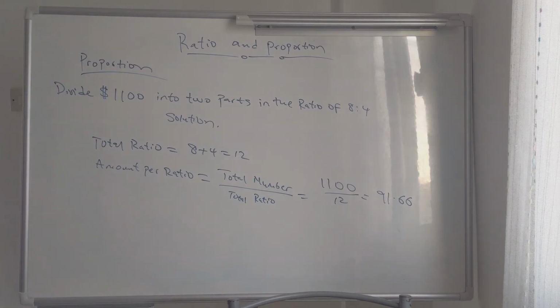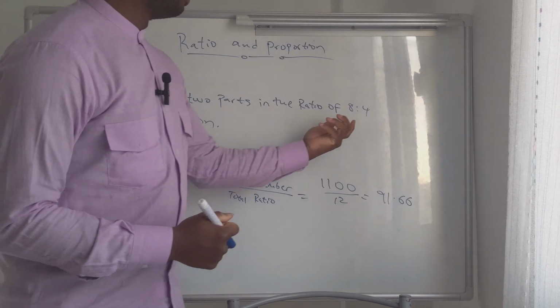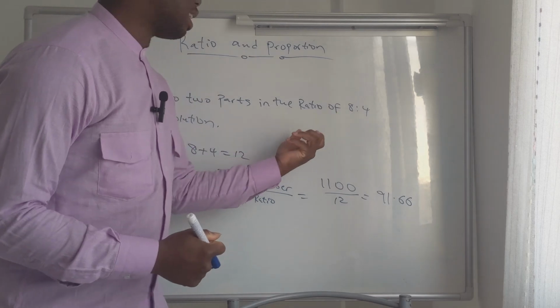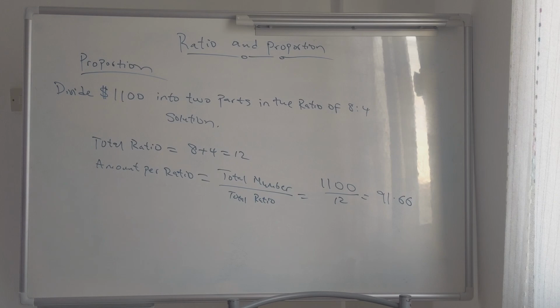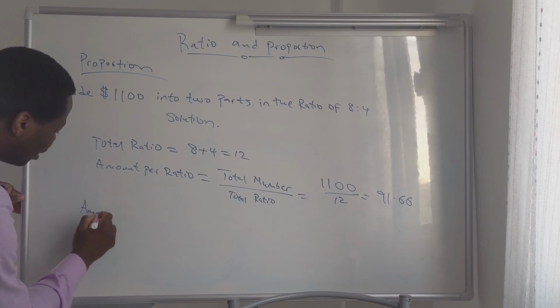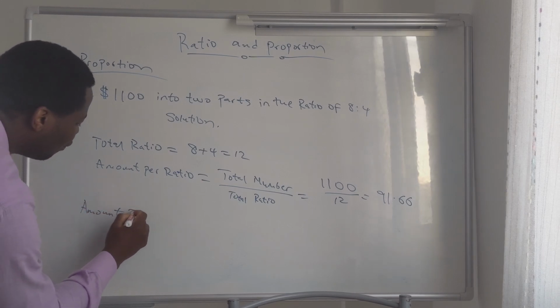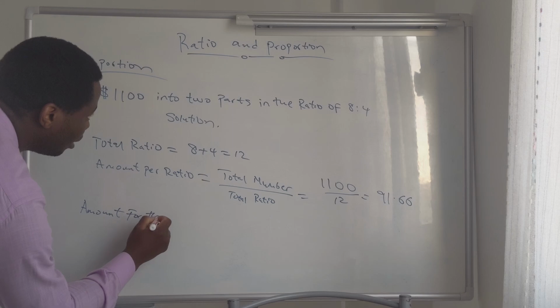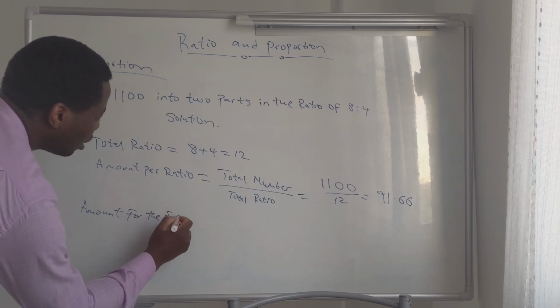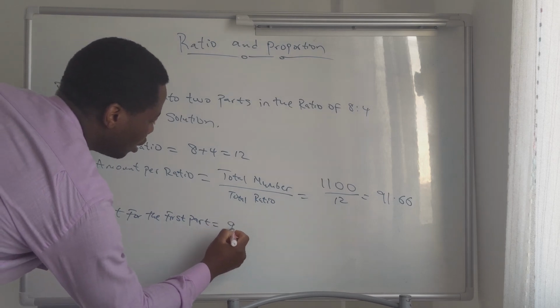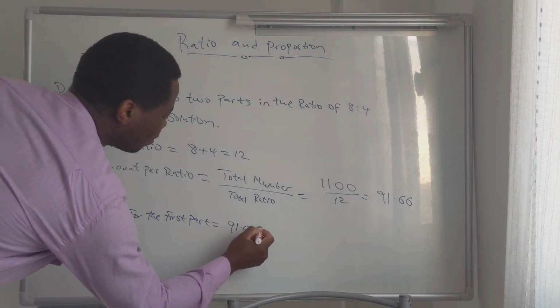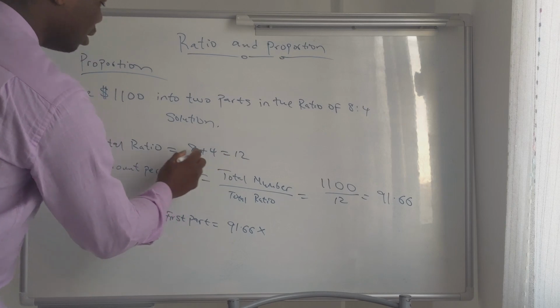Now, if you want to get how much the person with 8 will get, and how much the person with 4 will get, in the ratio of 8 to 4, the amount for the first part is equal to 91.66 multiplied by 8.